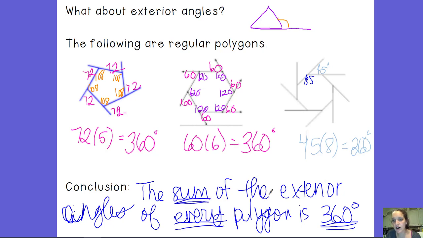So if you add up all of the exterior angles of every polygon, whether it's regular or irregular, they always add up to 360, no matter what.